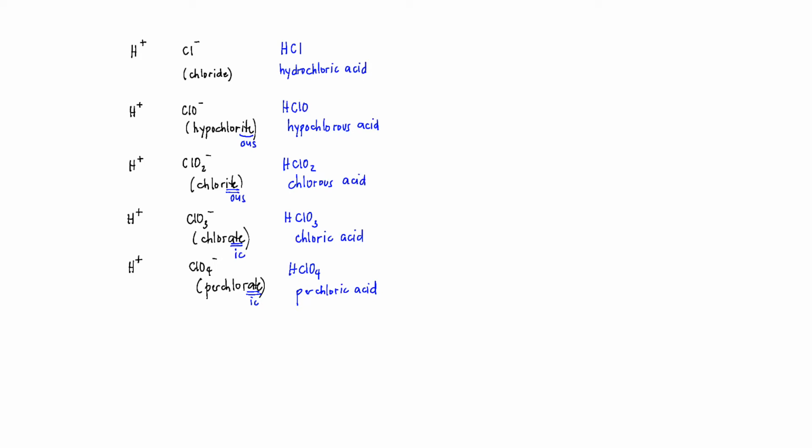Now, how about naming in reverse? Say for example, we have here hydrophosphoric acid, and then we also have here phosphorous acid, and then the other one would be phosphoric acid.